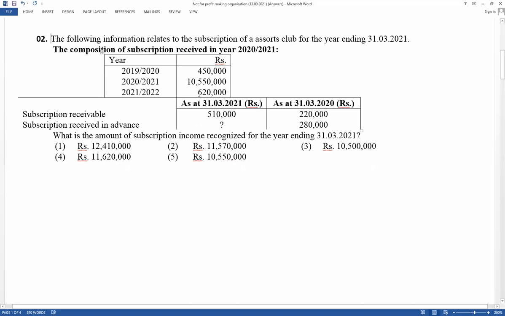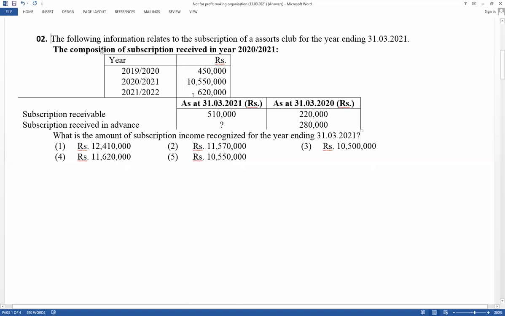Our accounting period is 20 and 21. It means the end of the year is 31st March 21, the beginning of the year is 1st April 2020. And subscription received for last year is given. 19 and 20 means last year, 20 and 21 means this financial year, and 21 and 22 is the next financial year.